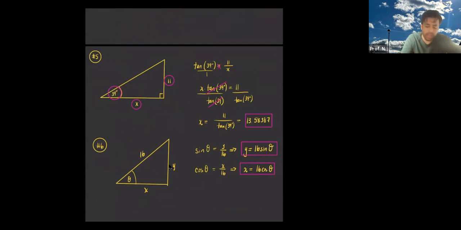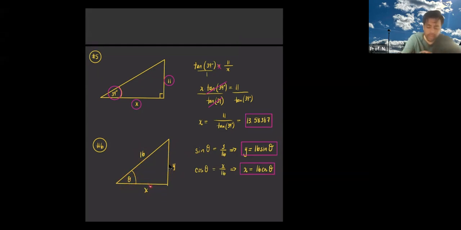So in this problem, it makes sense to use y, theta, and 16. And you notice that this has to use sine. Sine of theta relates the opposite side with the hypotenuse. That's why the y here appears on top. And for the x side, it makes sense to use 16, theta and x to find the relationship.